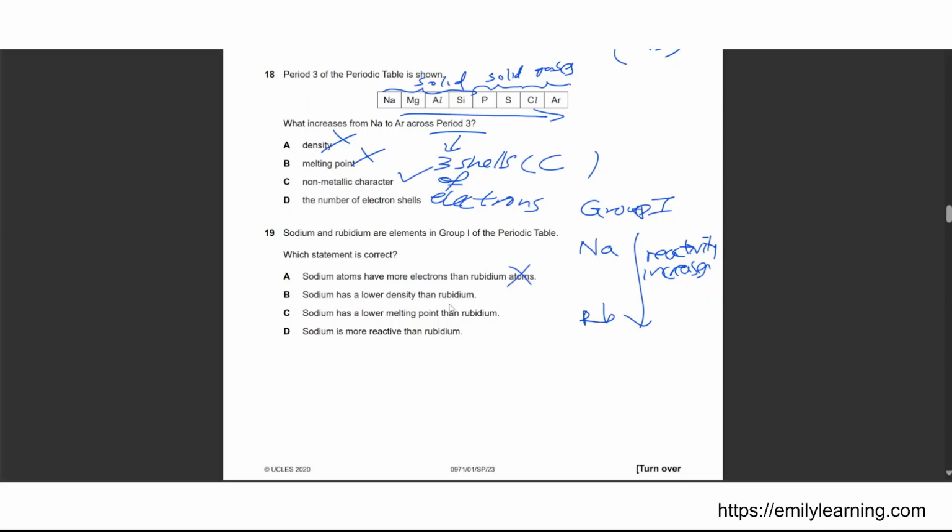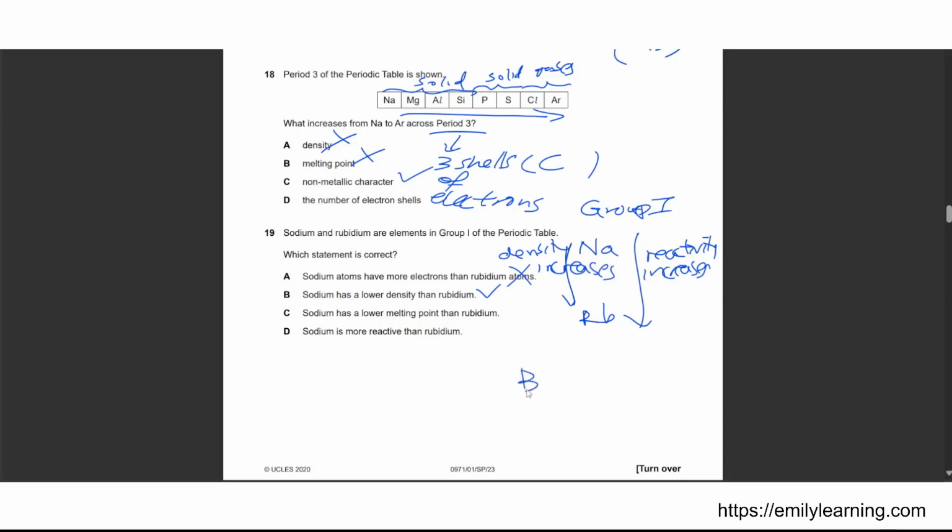Sodium has a lower density than rubidium. This is true. So for your group 1 metals, as you go down, the density increases. In other words, rubidium has a higher density than sodium.